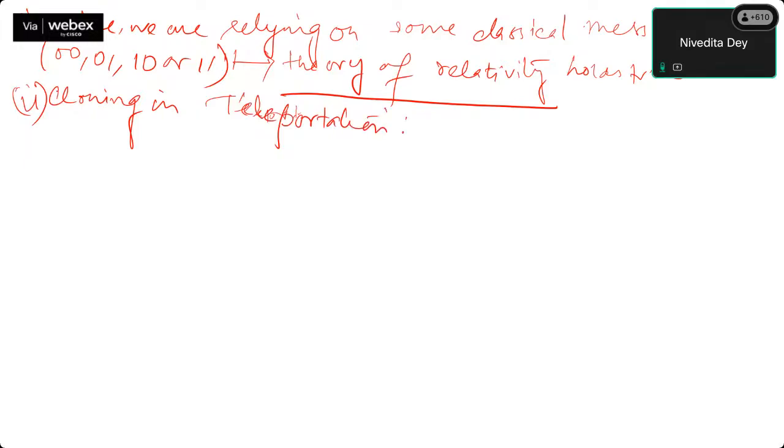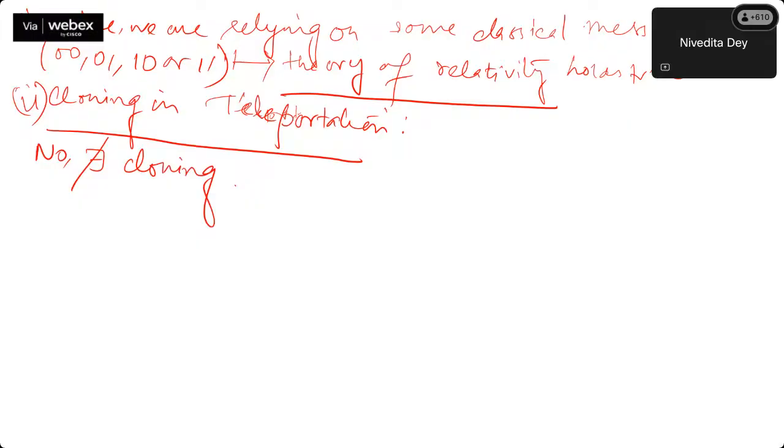The answer to this is no, there is no cloning, as Bob has simply recreated the quantum state.